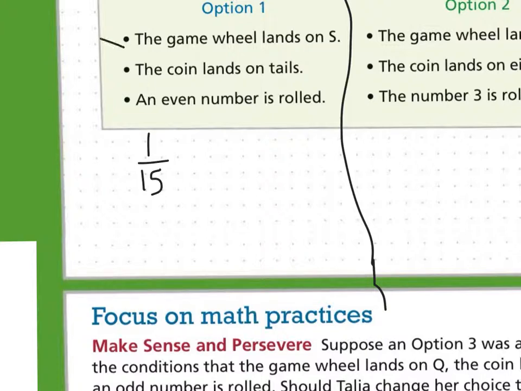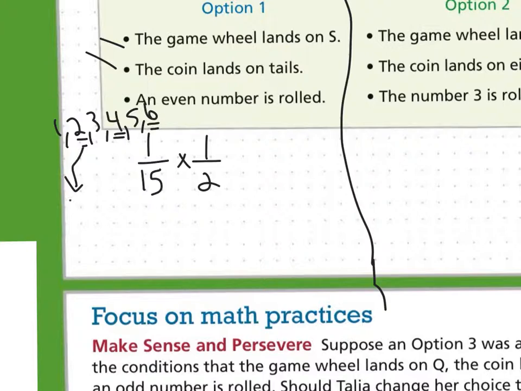Next, for flipping a coin, landing on tails is a half chance, 1 out of 2. And then finally, rolling an even number, our options are 1, 2, 3, 4, 5, and 6. The even numbers would be 2, 4, and 6. So that's 3 out of the 6 different choices, which you can reduce if you'd like to 1/2.